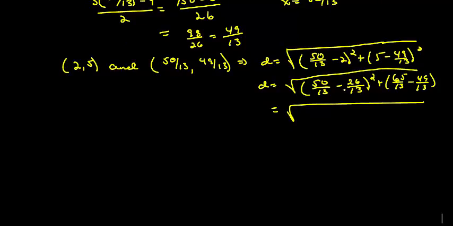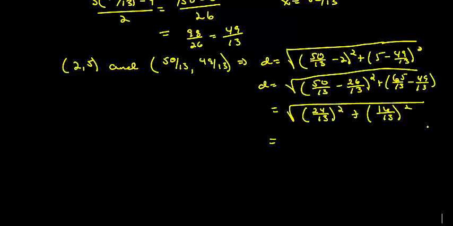So 50 minus 26 is 24, over 13 squared. 65 minus 49 is 16, over 13 squared.